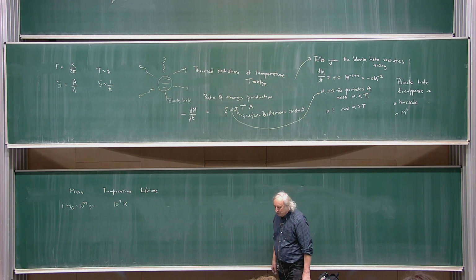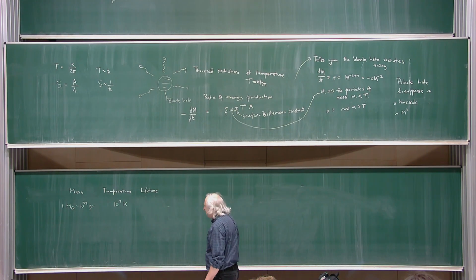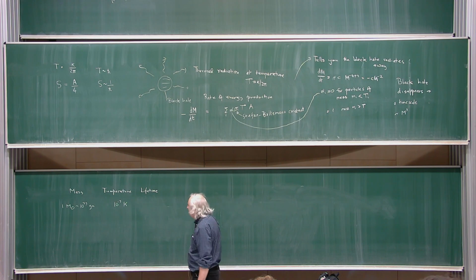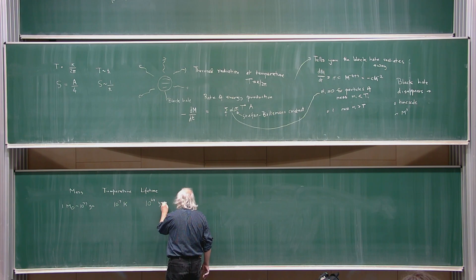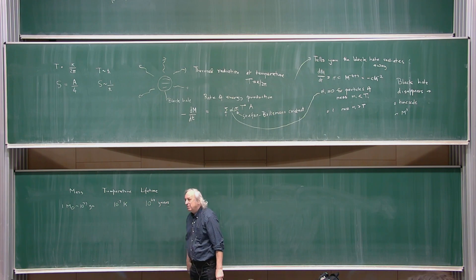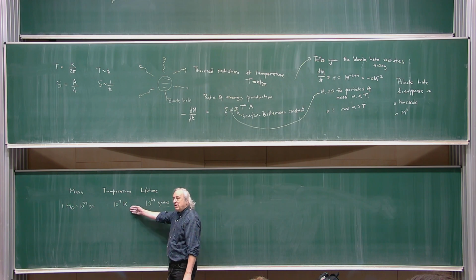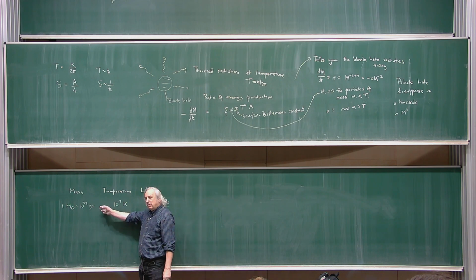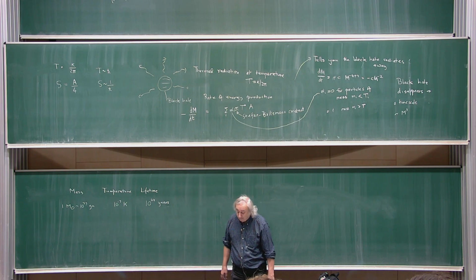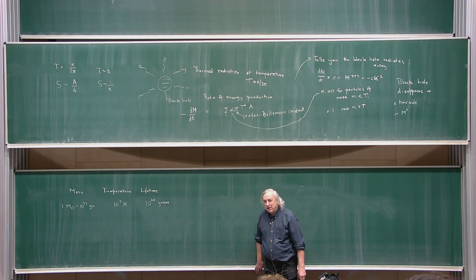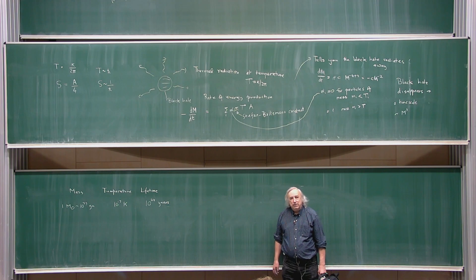Let's suppose that does not happen. Then its lifetime would be around 10 to the 64 years. This is the temperature of the radiation produced by a black hole of 1 solar mass, or 10 to the 33 grams. So that's a ridiculously long time and is clearly of no astrophysical importance.